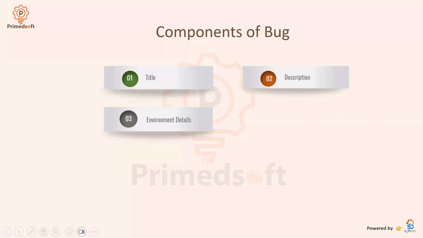Let's say you are testing that particular website on an Android mobile device, you say that it's an Android mobile device. If it's a Windows laptop, you can say this is Windows 10. You give information about your operating system. If it's Windows 10 or macOS, you mention it.